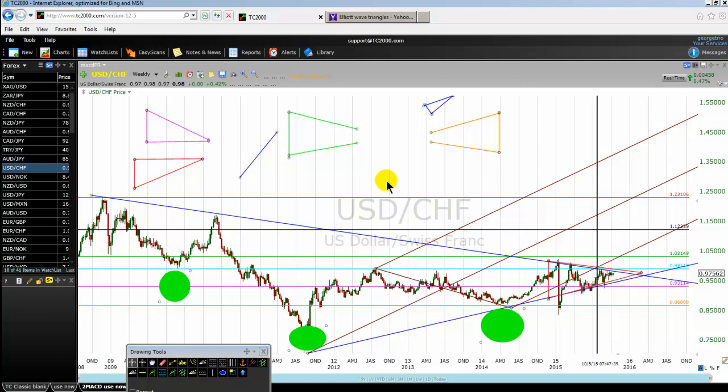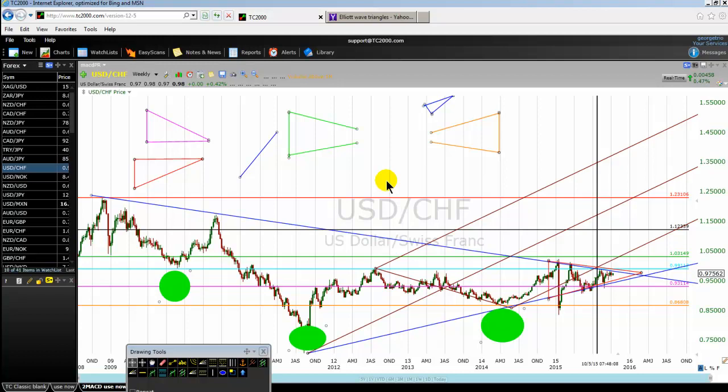A corrective wave must correct a motive wave, an impulsive wave. So when you see an Elliott wave corrective triangle, you want to find out which impulsive wave it is correcting. This is critical. Whenever you see a triangle, ask yourself, which wave is it correcting? You must know which one.